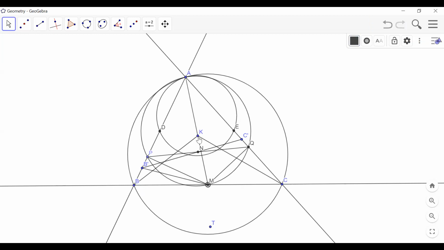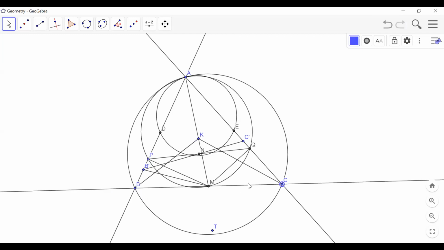Now this is important because you can show that this triangle is similar to MQP, because angle MBK equals angle BAM equals angle PQM. So this triangle is similar. And we also have these two midpoints which get related later.